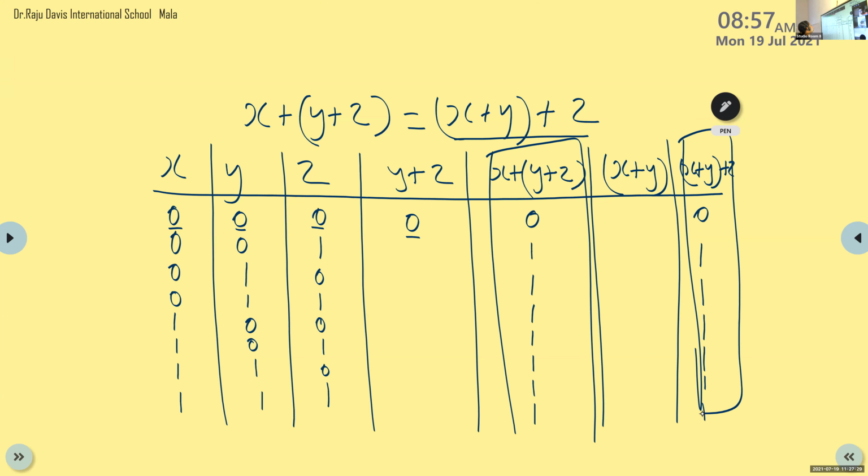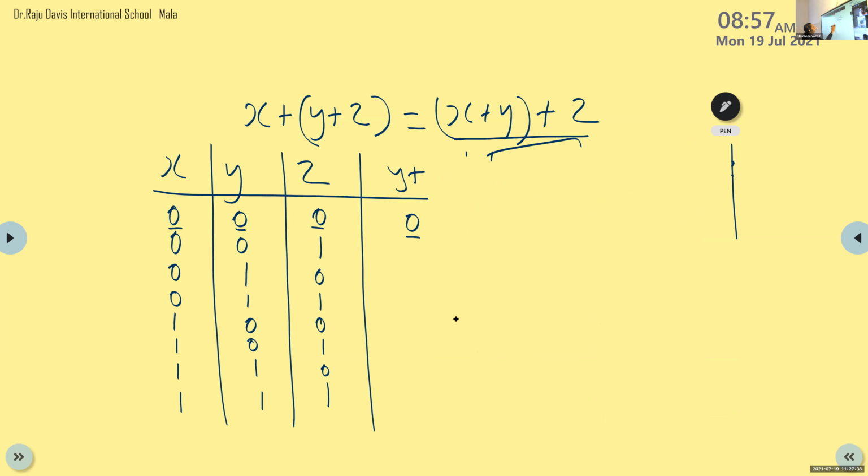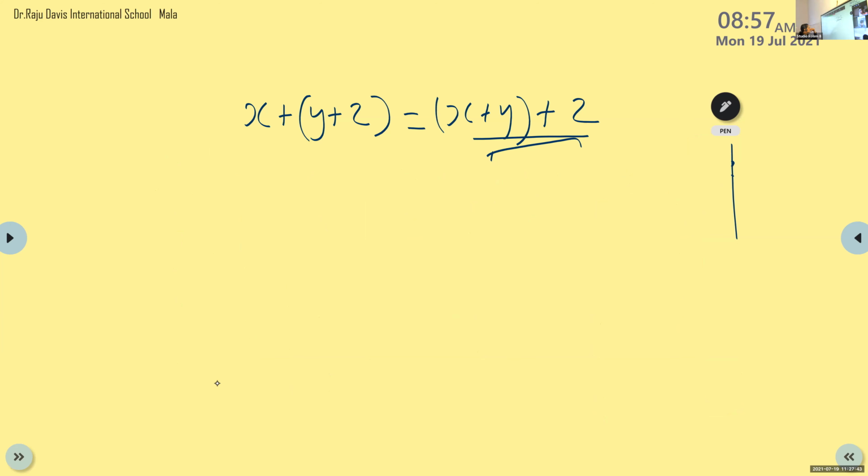Then draw the logic circuit for x + (y + z), which is equal to (x + y) + z. How can we draw? I will just show one side, the LHS. Okay. Here, which one is the common operator, Jees?